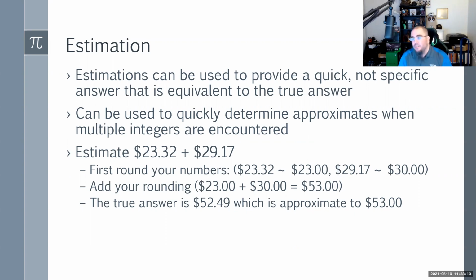It can be used to quickly determine approximates. Here, if we have 2332 plus 2917, we can enter it into our calculator, right? Or I can say that, well, 2332 is close to 23. 2917 is close to 30. So the amount's going to be about $53. Well, the true answer is 5249, which is close to 53.